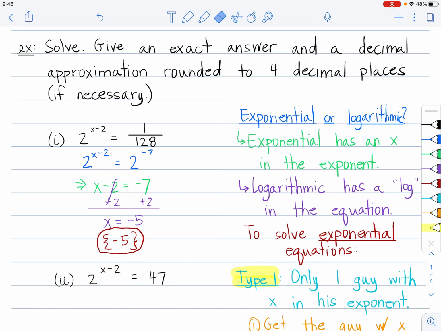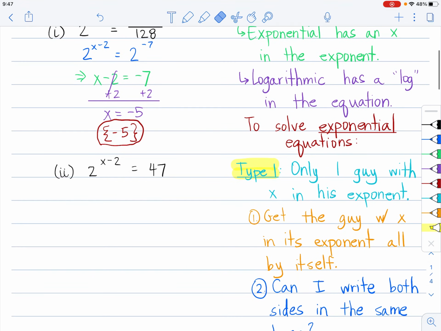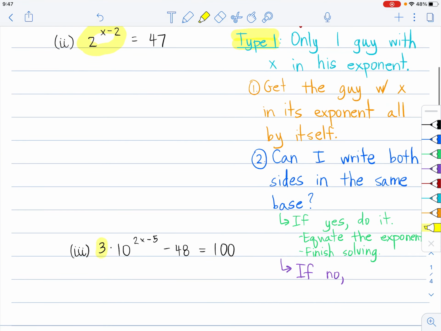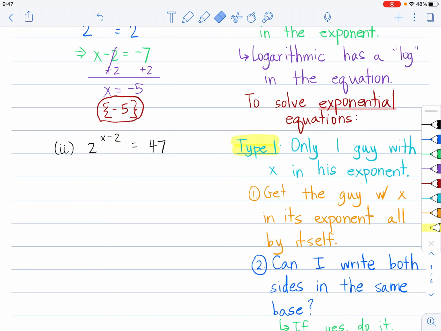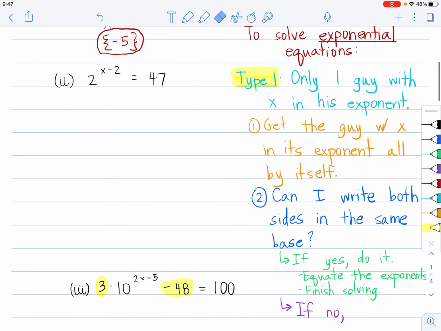Okay, next. Get the guy with x in his exponent all by itself, and he's already all by himself on one side of the equal sign. There's nobody being multiplied onto him or added or subtracted on the same side as him, which is why he's already all by himself.